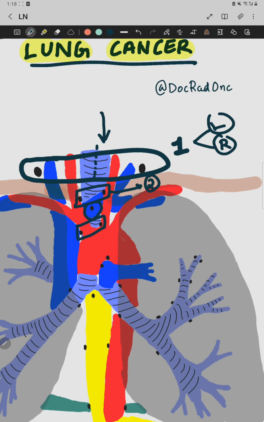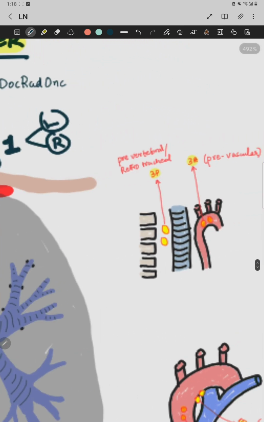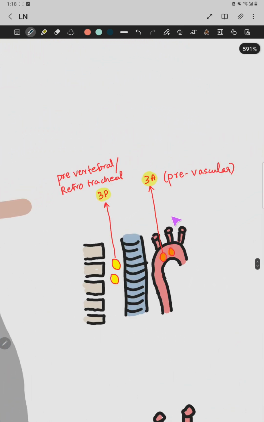Now station 3 is subdivided into anterior and posterior. This is with respect to the trachea. So anterior to the trachea is 3A, that is prevascular, in front of the vessels, and 3P is posterior, which is back, that is retrotracheal or prevertebral, in front of the vertebra and behind the trachea.